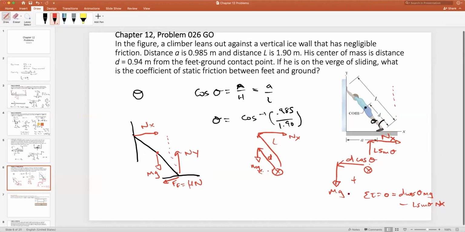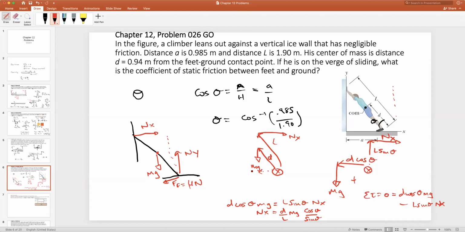I can solve that. d cos theta times mg is equal to, moving that to the other side, L sine theta times nx, and therefore nx is equal to d over L times mg times cosine theta over sine theta, or cotangent, or 1 over tangent.